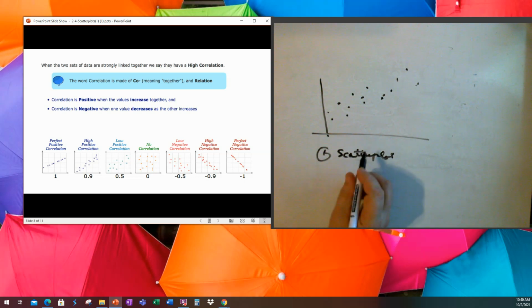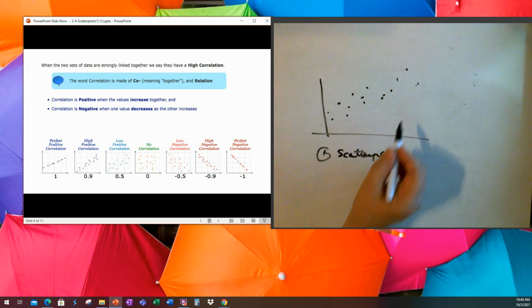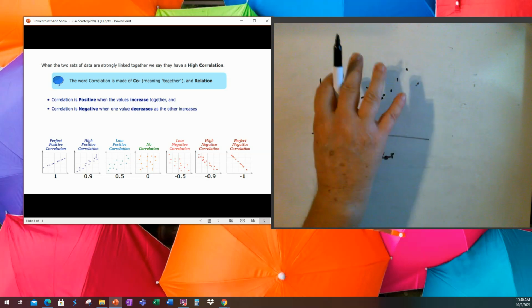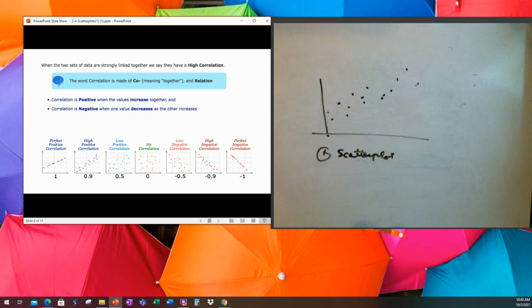And I say, I think there is something there. If I see just a blob of points, looks like a big circle, just a big cloud up there, I'm not really going to go forward. If I think there's something there, and I might want to do this just to say there is nothing there, I'm going to calculate this thing called the correlation coefficient.